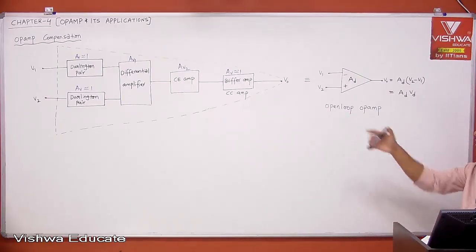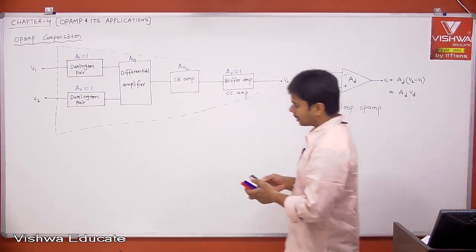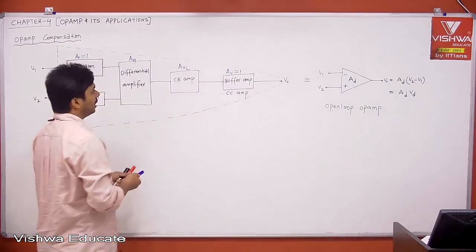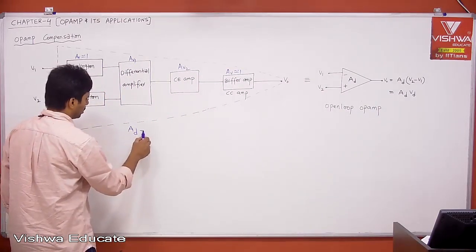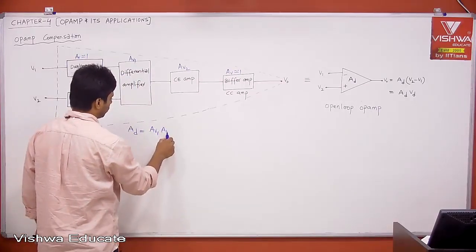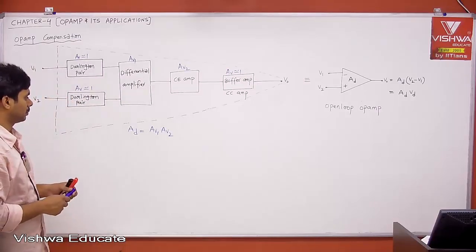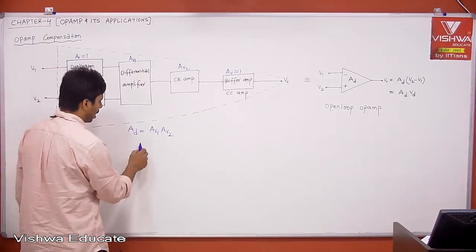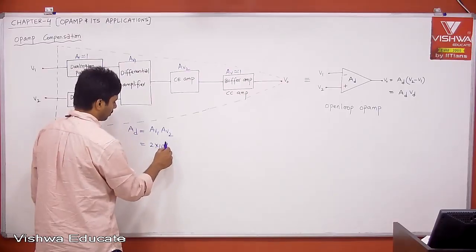You have written this already. Therefore, if you ask me the overall gain AD, right? Therefore, AD is equal to AV1 into AV2. If you take IC 741 op-amp, it will be in the order of 2 into 10 to the power of 5.